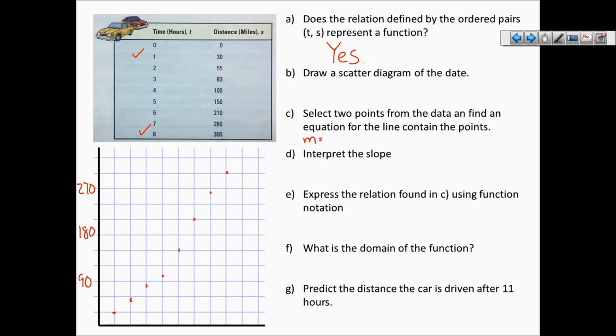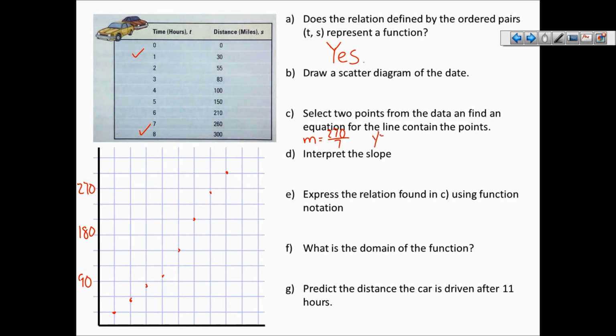So 300 minus 30 is 270 divided by our change in x. Now, we want to use probably the same 2 points and this slope in order to find an equation.